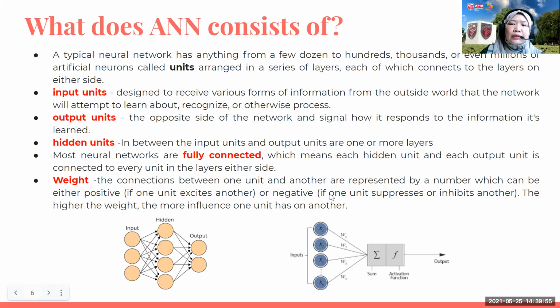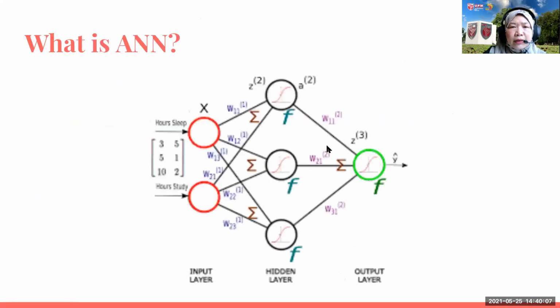The higher the weight, the more influence one unit has on another. As you can recall from this diagram, if you have higher weight values here, you will influence more, because you are going to sum up the values.